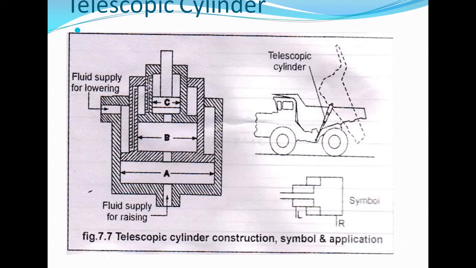For lowering, there is another port, so we pass the fluid through this port, fluid supply for lowering. This will exert pressure on C, then B and then A. This is how the piston will get lowered.